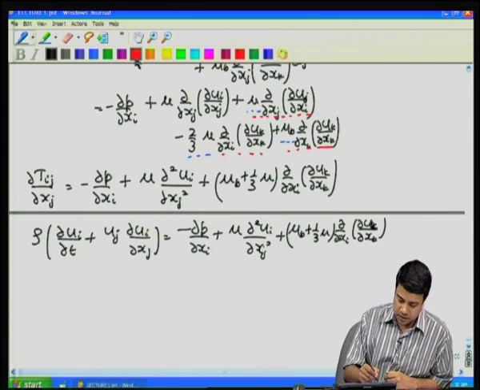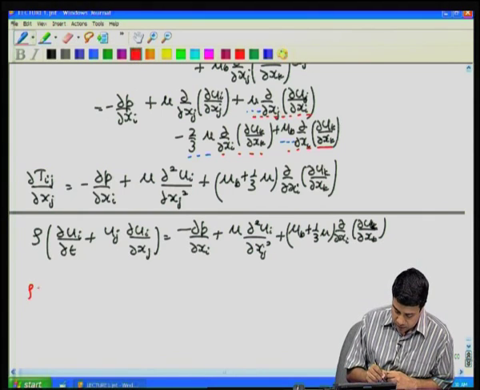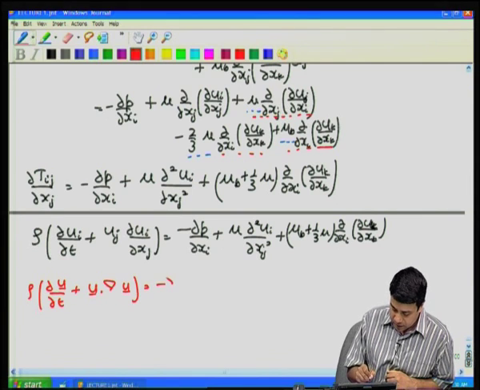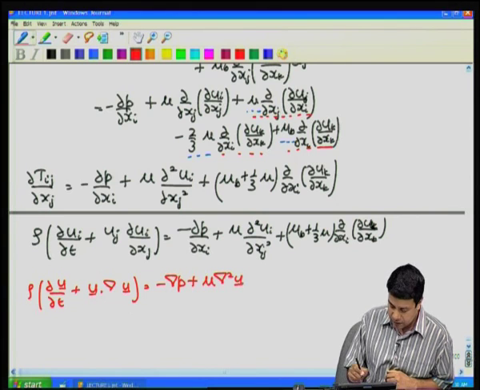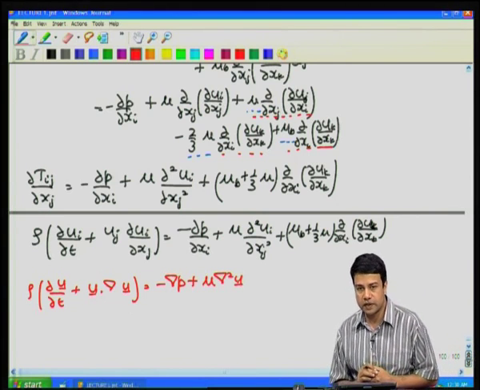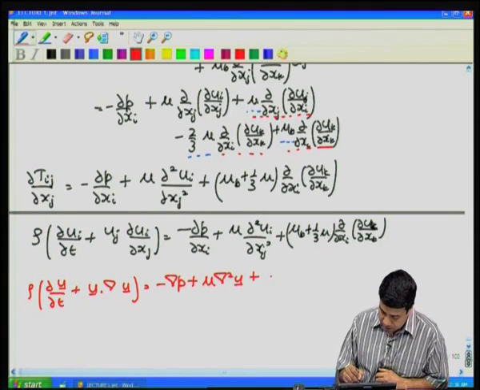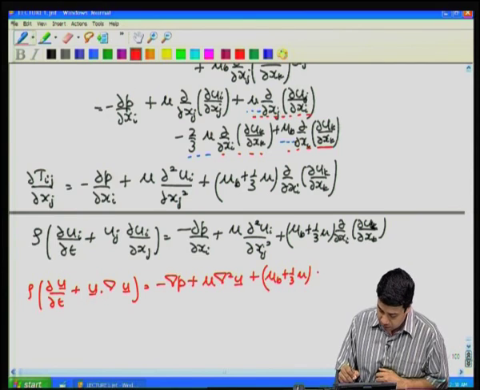In vector notation, this is often written as rho times partial u vector by partial t plus u dot grad u, equals minus gradient of p plus mu del square u vector, the Laplacian acting on u vector, plus mu_b plus 1/3 mu, the gradient of the divergence of u vector.